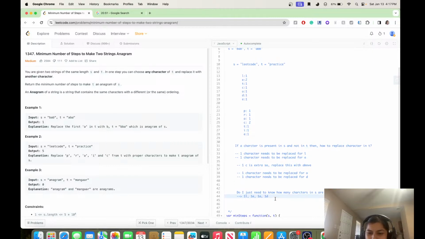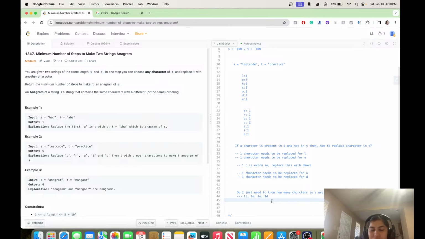I guess so, right? If I only know how many characters in S are missing in T. So it means that, oh my god, I think that I'm overcomplicating this question. I'm just trying to strategize my approach here, because I'm forming a question and then answering it, kind of thing.